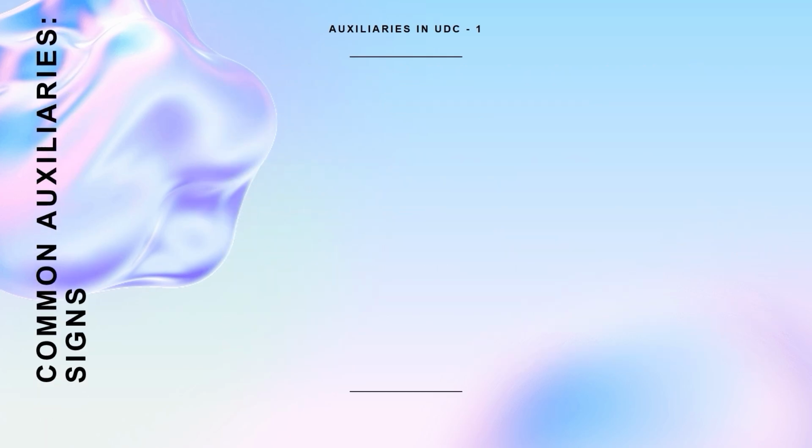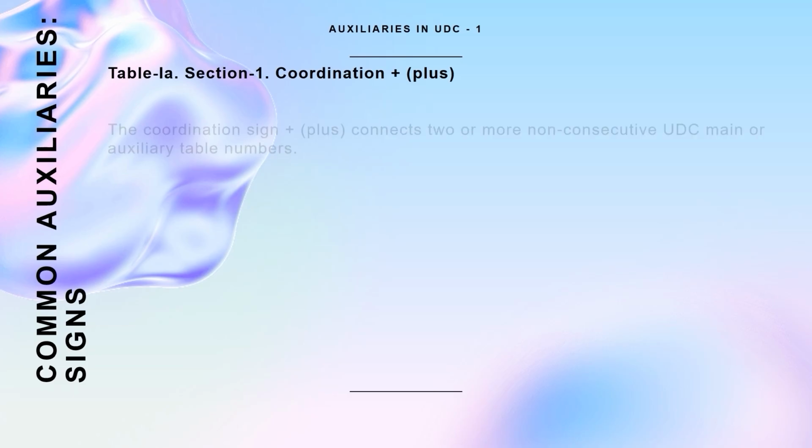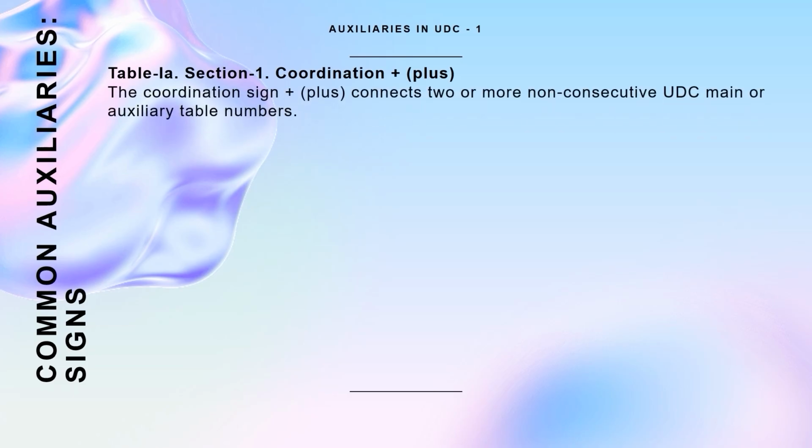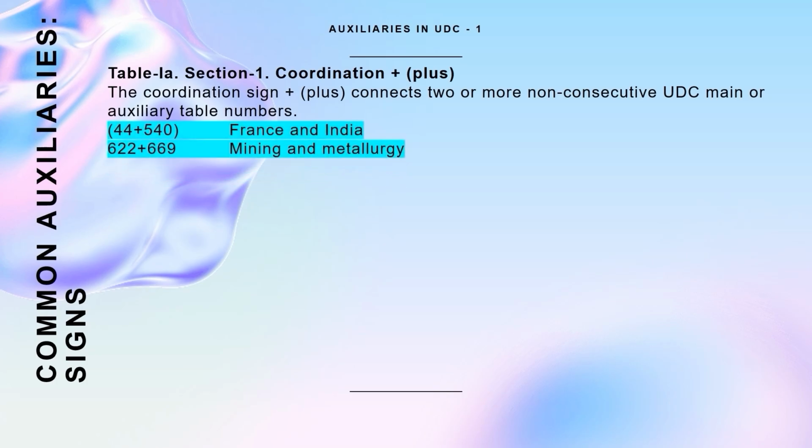Then common auxiliary sign, that is table 1A section 1. This is called the coordination or addition, used by the plus sign. The coordination sign, that is plus, connects two or more non-consecutive UDC numbers or auxiliaries. So UDC main numbers or UDC auxiliary numbers are connected or coordinated or added by using the plus sign.